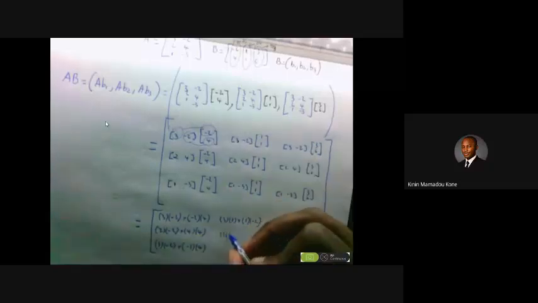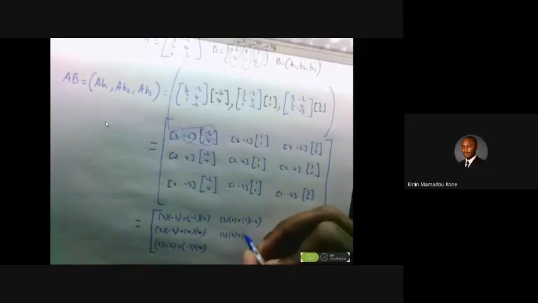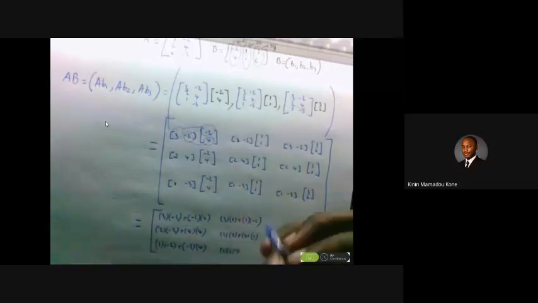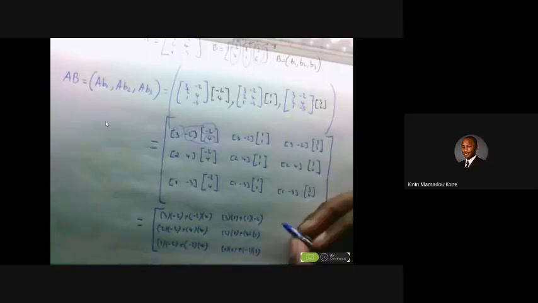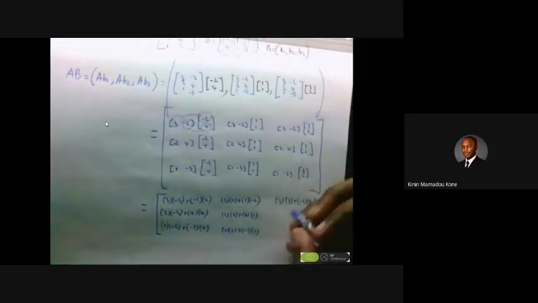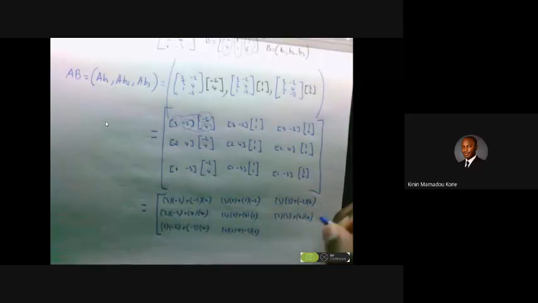Now, 1 times 1 plus negative 3 times 1. Here, 3 times 3 plus negative 2 times 6. And this times this, so 2 times 3 plus 4 times 6.